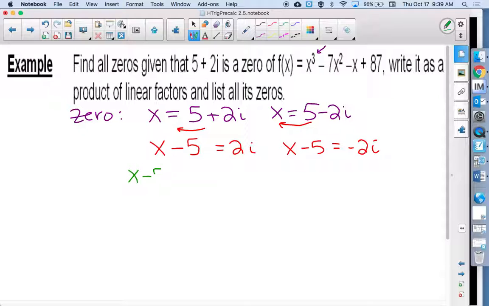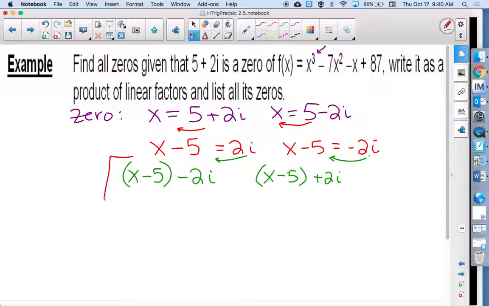But the x minus 5, I'm going to put parentheses around that because that's our real piece. Those two numbers are real. X has to be real, the negative 5 is real. And then moving the 2i over, I would have a negative 2i. And moving this 2i over, I'd have a plus 2i.